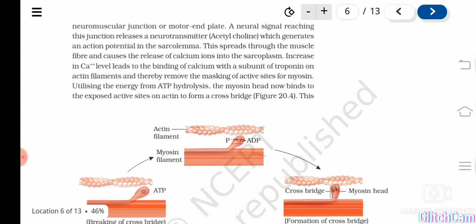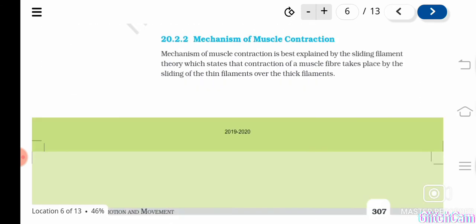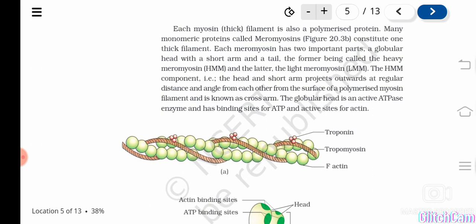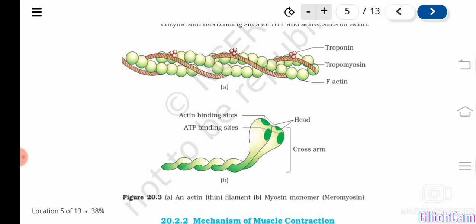So what will happen? Using ATP's energy, the myosin head, which is part of the myosin or thick filament, will go and bind to the active site, because the active site was already masked by troponins. We learned that here. Troponin masks some active site, which is removed by the calcium ions.